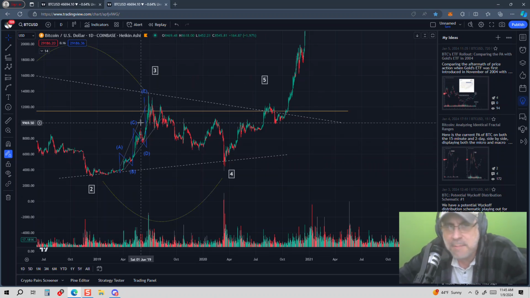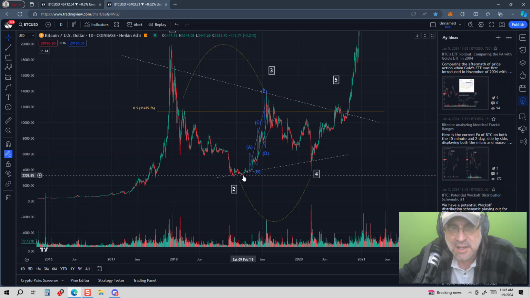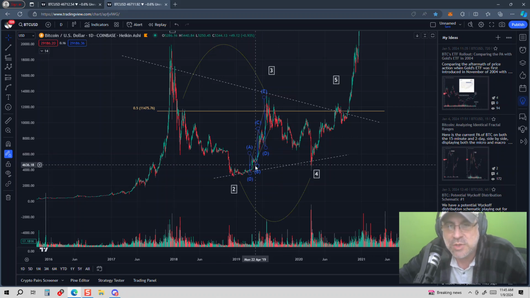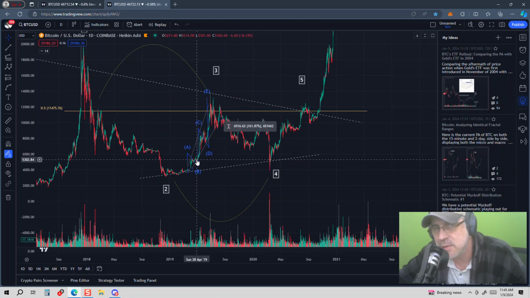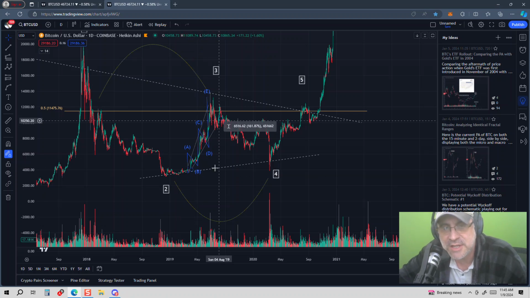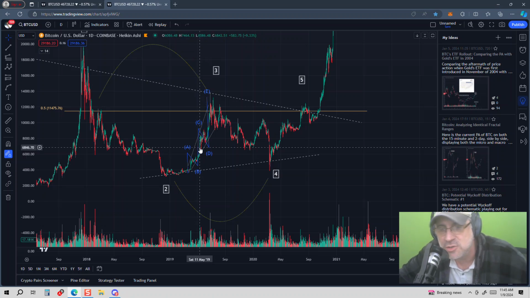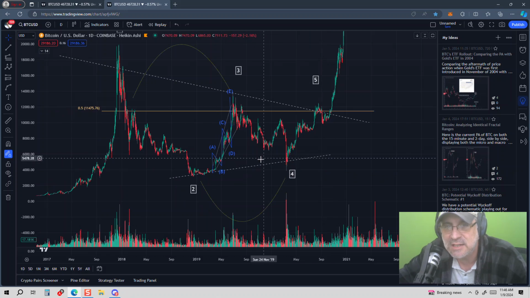But I just did it with letters to differentiate from the points of the macro triangles. So anyway, this was the counter trend rising wedge between 2 and 3 that we saw in the previous dual cycle back in 2019.